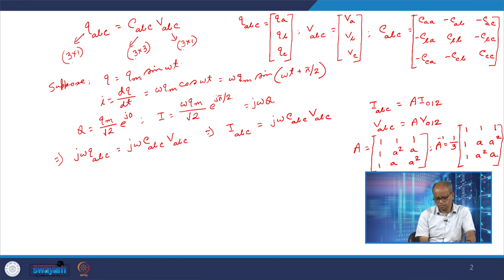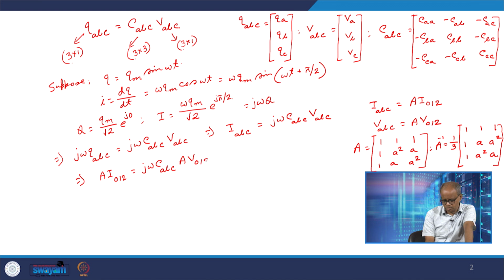So from here I can write down I 0 1 2 is equal to A inverse I ABC, which is J omega C ABC V ABC, which is A into V 0 1 2.